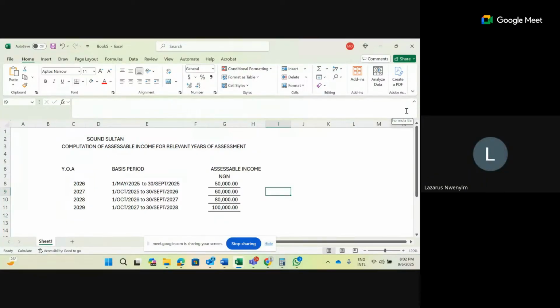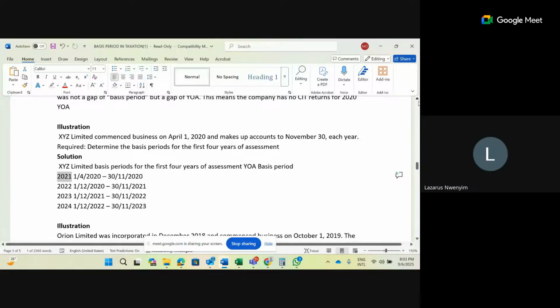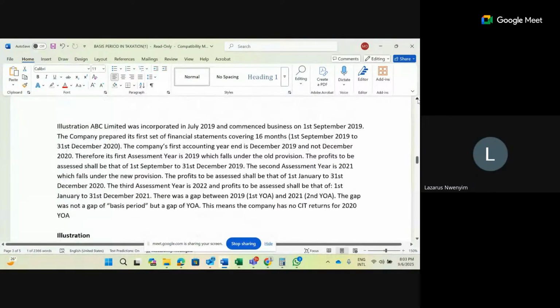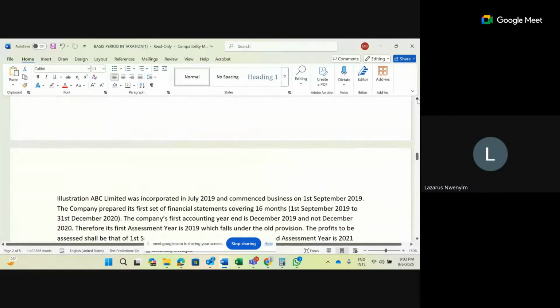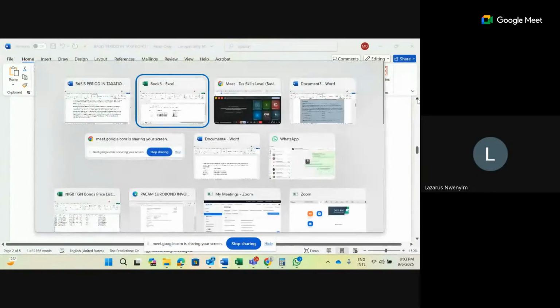Since it is not up to 12 calendar months, are we expected to pick the accessible profit as it is recorded in the account and record it in our accessible income, or to multiply it by the number of months?